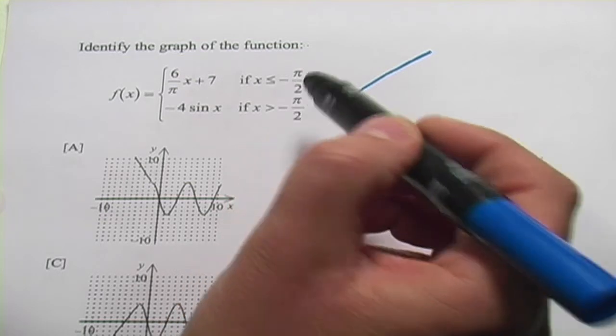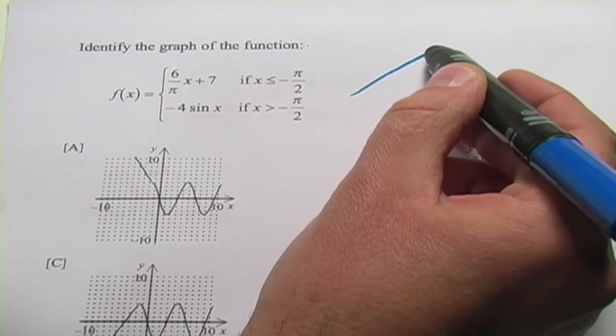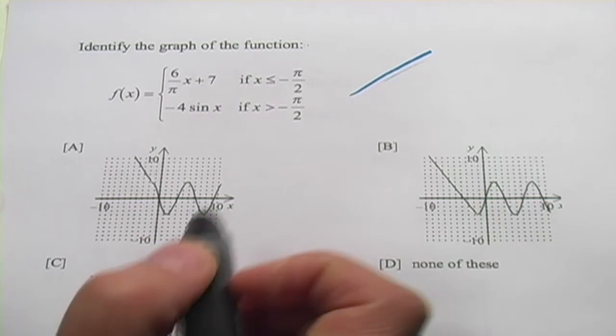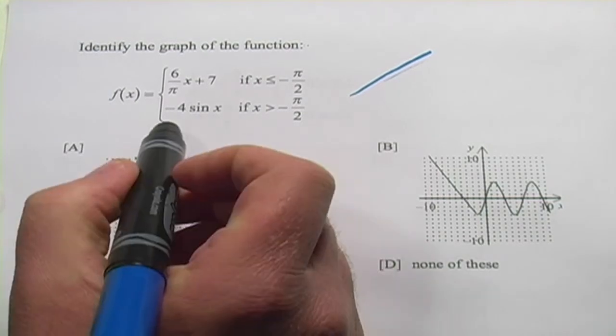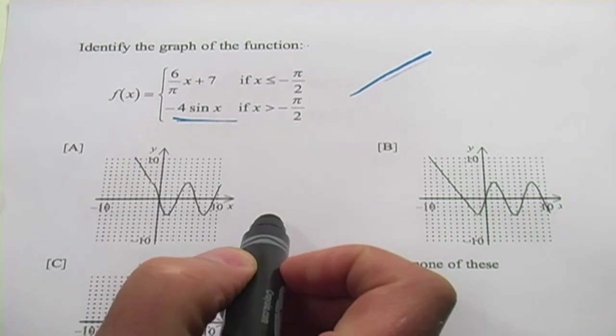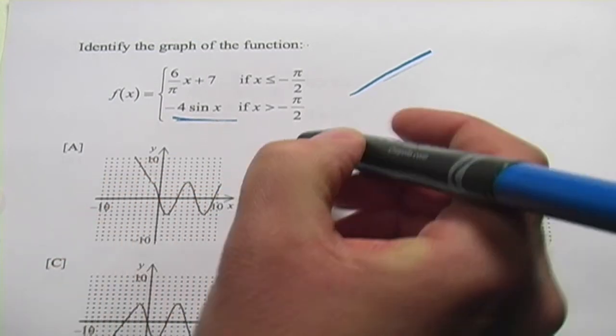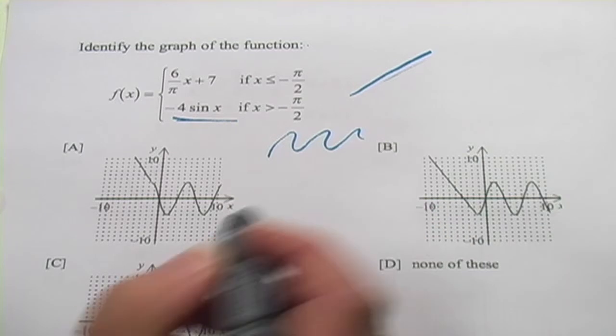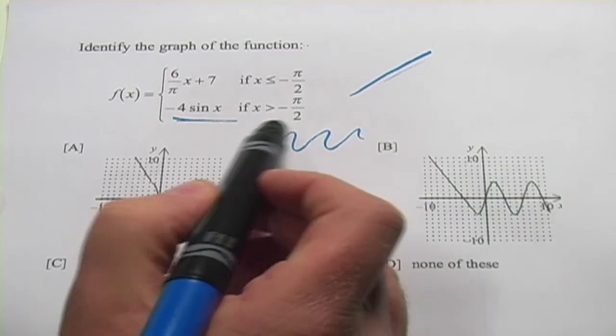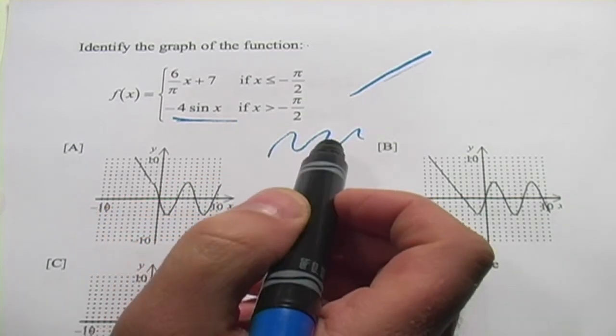So negative 1.5, to the left of that, we're looking for an upward sloping line like that. Now, what about this piece, the negative 4 sine x? Well, the graph of sine is this sort of squiggle. So to the right of negative pi over 2, we're going to look for a squiggle.